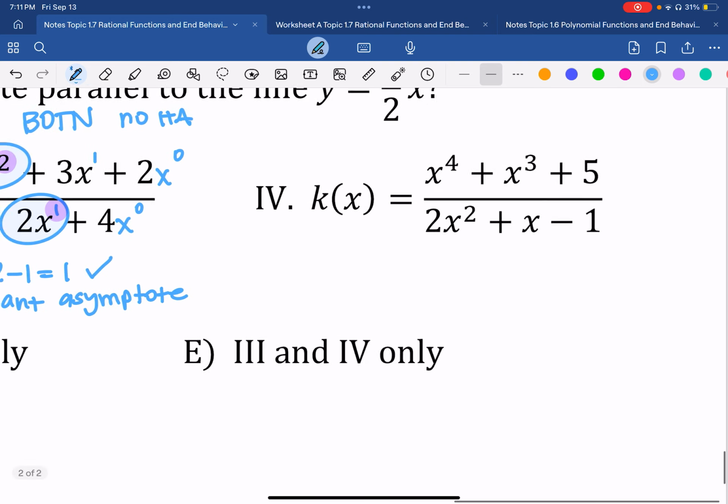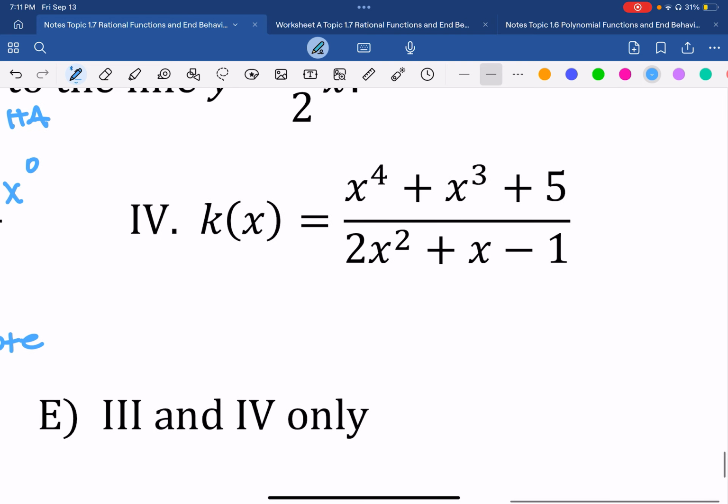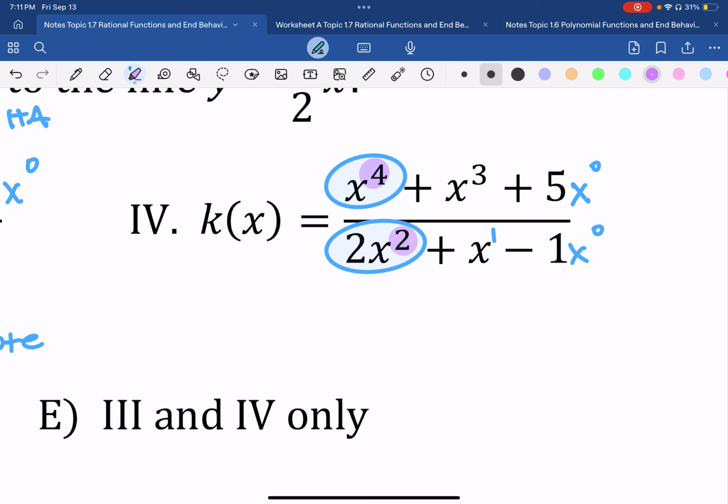Let's see if 4 is or is not. Okay, we have x to the power 4 plus x cubed plus 5x to the power of 0 divided by 2x squared plus x to the power of 1 minus 1x to the power of 0. The leading term would be x to the power of 4 and 2x squared. Okay, 4 is bigger than 2, so this is BOTN.